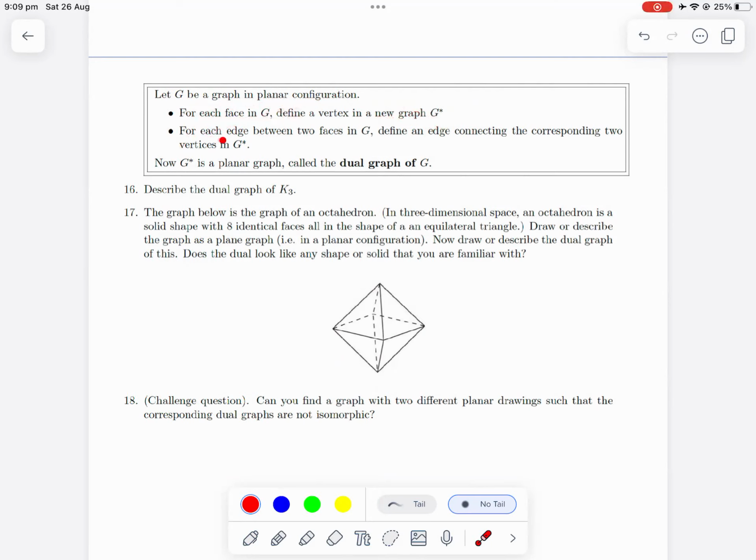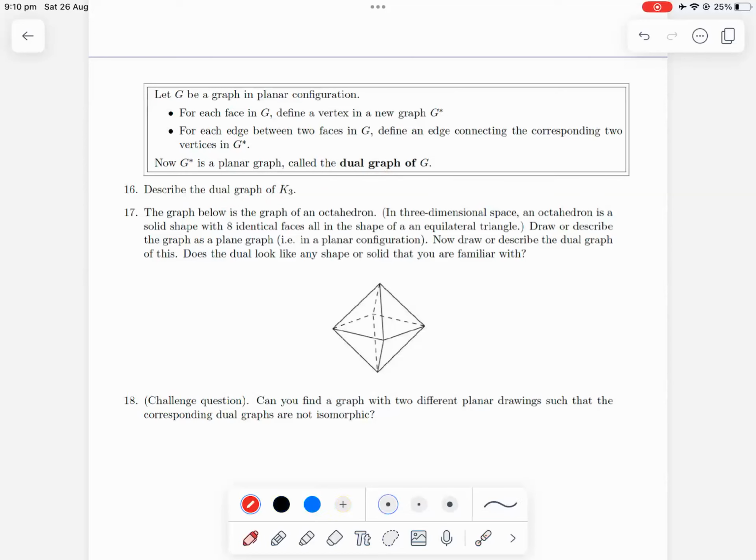And for each edge between two faces in G, let's define one edge connecting the corresponding two vertices in G star. So G star is a planar graph for sure, and it is called the dual graph of G.